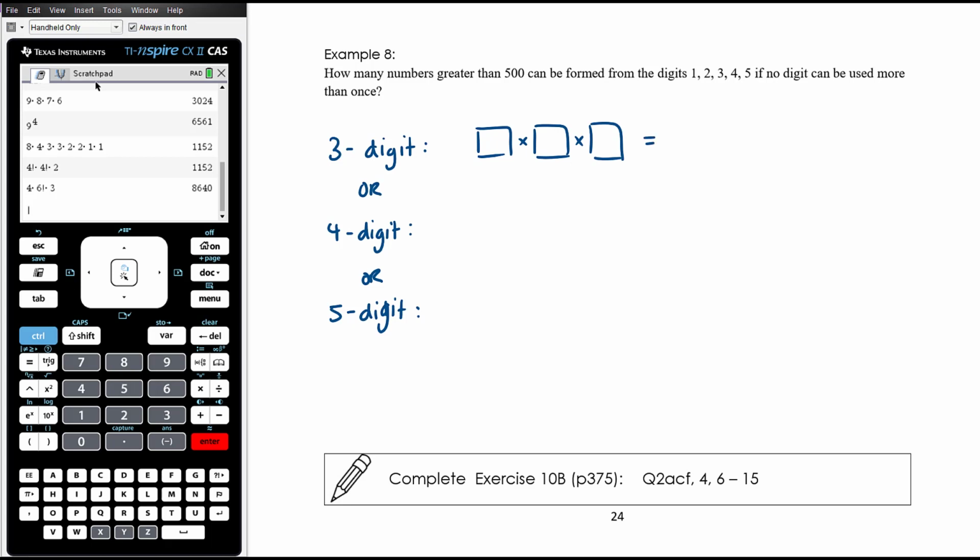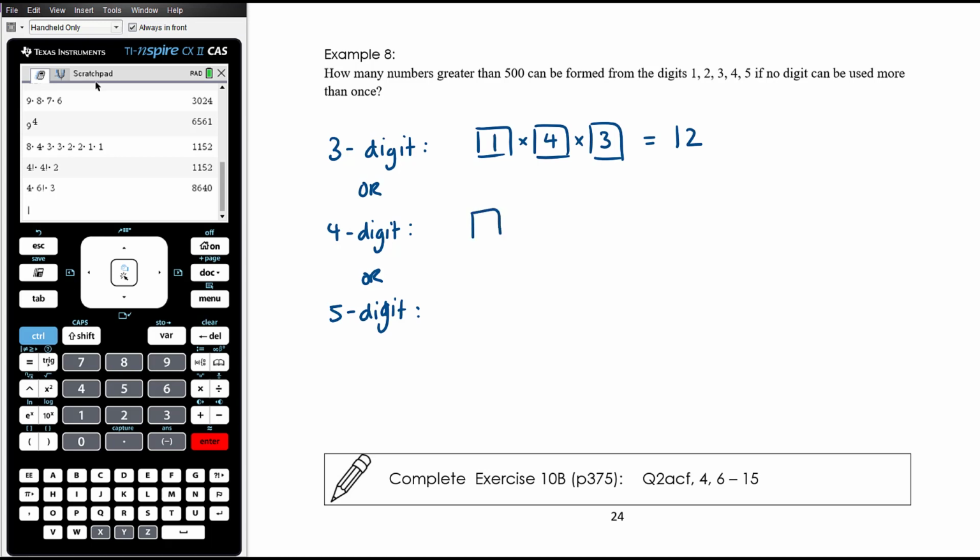If the number has to be greater than 500, we must have a 5 in the first position, so there's only one option for the first position. Then we can't repeat digits, and we've already used the 5. There are four digits remaining, so 4 options for the second position. We've now used 2 of our 5 digits, so there are only 3 digits remaining here. So there are 12 different 3-digit numbers greater than 500.